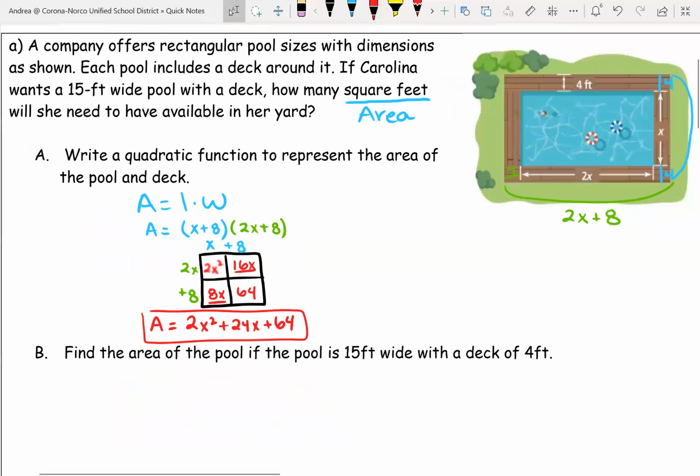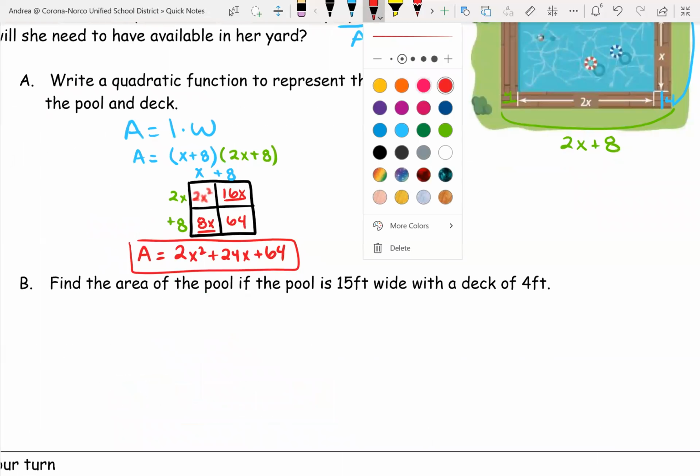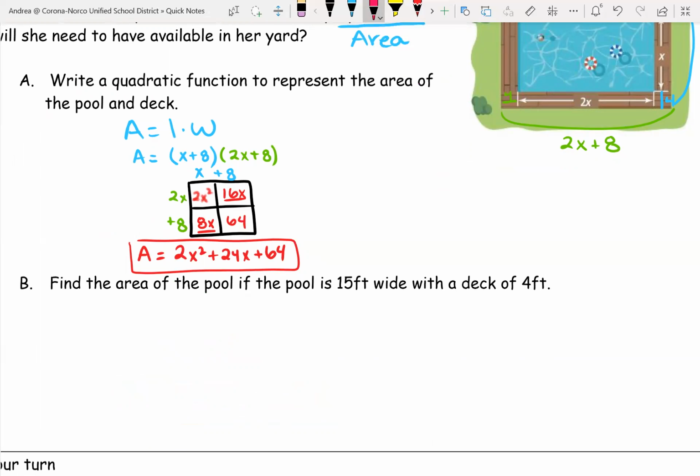Okay. In B, they say find the area of the pool if the pool is 15 feet wide with a deck of 4 feet. We already have the deck of 4 feet. What it's asking me here is what happens if x, the width, is 15.